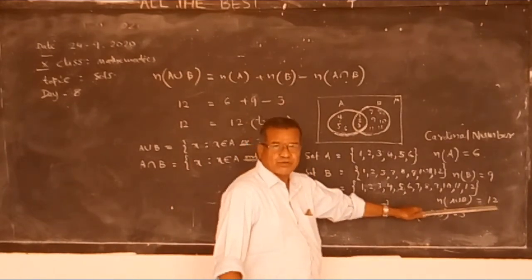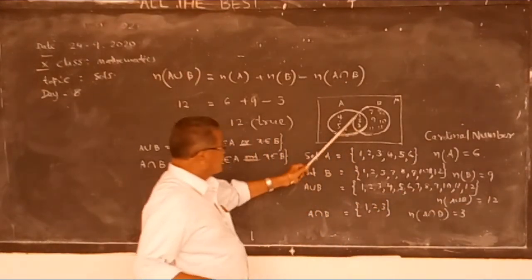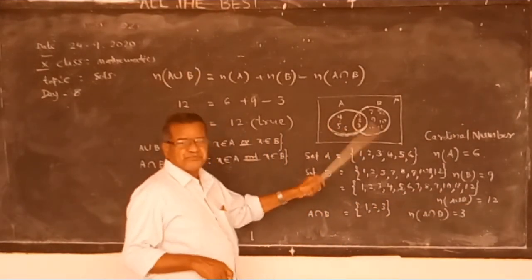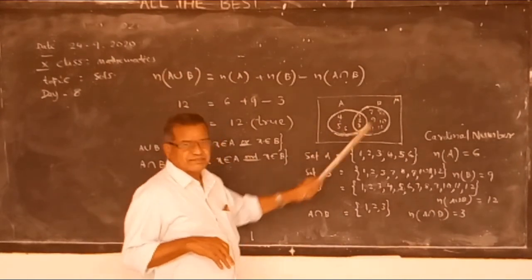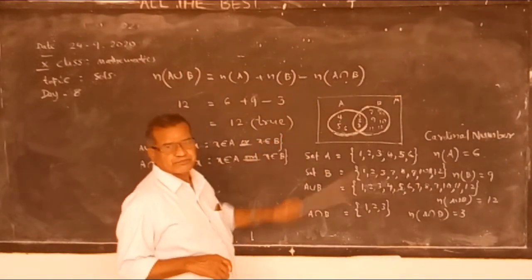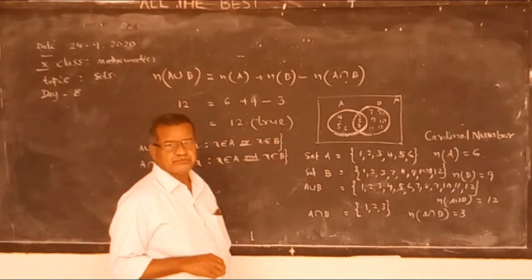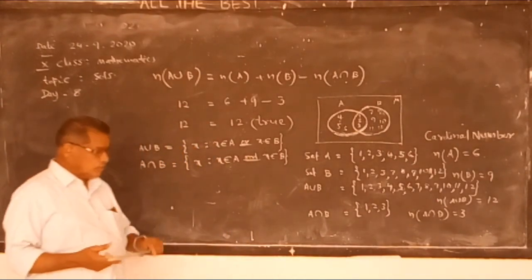Why 12, why not 15? Because 3 elements are common. They are present in both sets. That's why we have to subtract. That is the reason. Now.